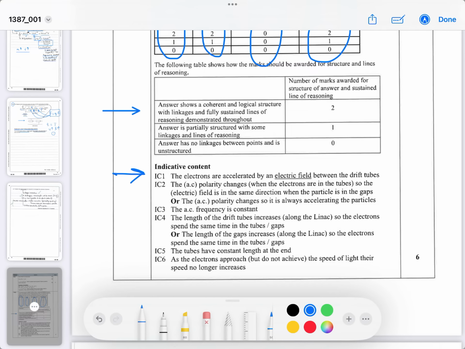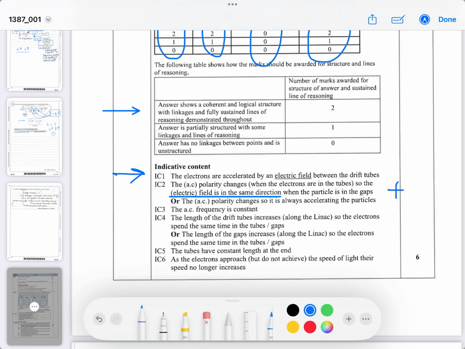So we want it to synchronize with the electron leaving each drift tube, and when it comes out, we want the electric field to be in the direction such that it will be positive as the electron leaves each drift tube, okay?